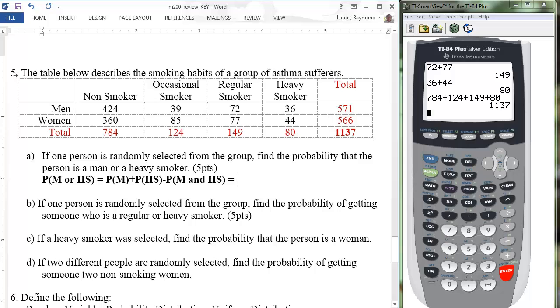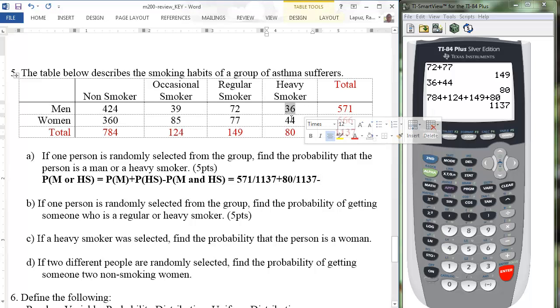So the probability this person is a man is 571 out of 1137. And then we add the probability that this person is a heavy smoker, which is 80 out of the total. And then we make sure we don't count them twice.